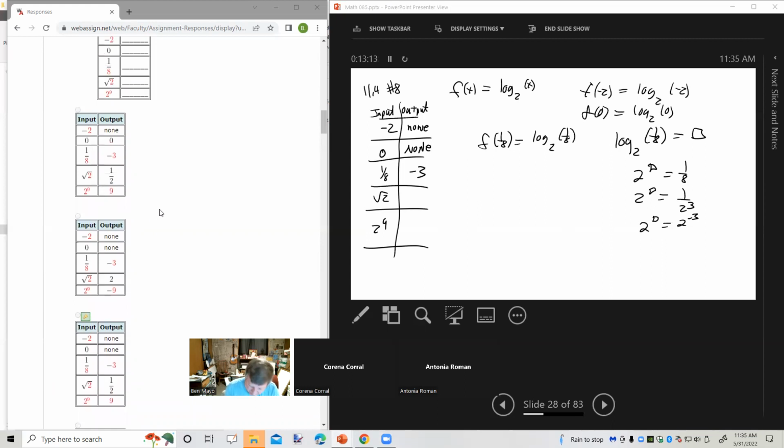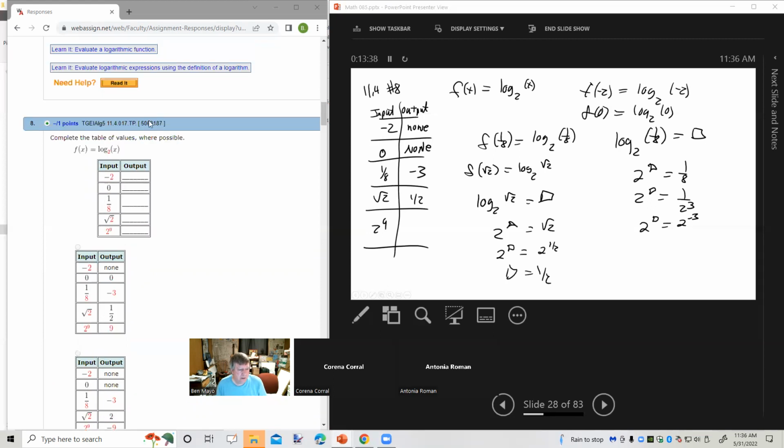Well, let's see, square root of 2. F of the square root of 2 equals log base 2 of the square root of 2. Log base 2 of the square root of 2 equals box. So 2 to the box equals the square root of 2. 2 to the box equals 2 to the 1/2 power, right? Square root, 1/2 power. So the box equals 1/2.